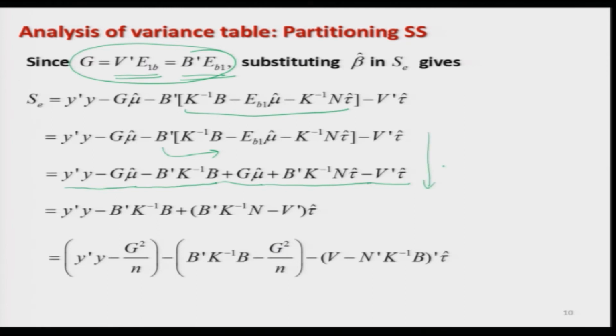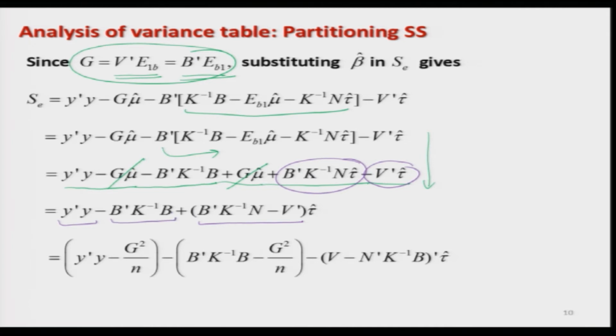Now, the G mu hat and G mu hat get cancelled. Then you have two terms related to tau hat, so we club them together: B transpose K inverse N minus V transpose, into tau hat. And the remaining term is y transpose y minus B transpose K inverse B.